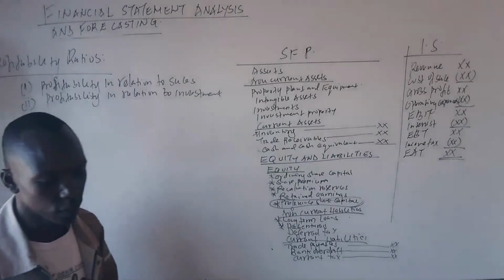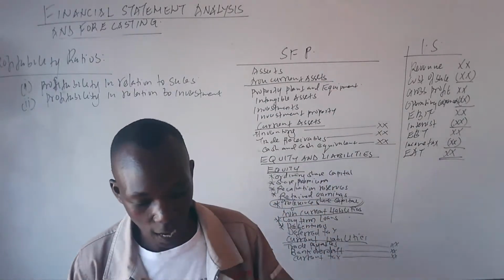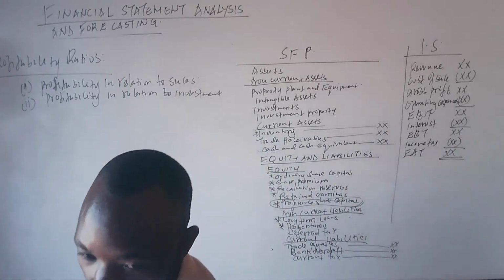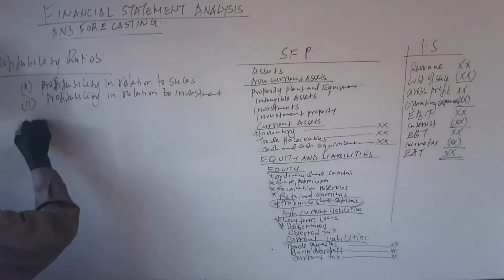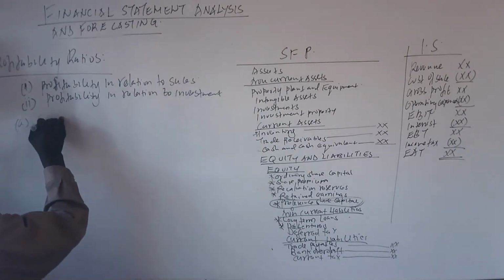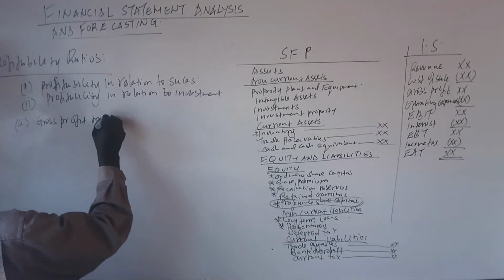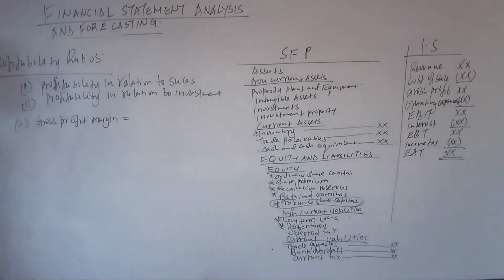That is the income statement, and we have the statement of financial position. So now we are talking about profitability in relation to sales. One of the ratios under that is the gross profit margin. How do we arrive at the gross profit margin?